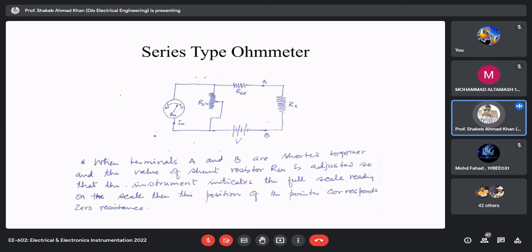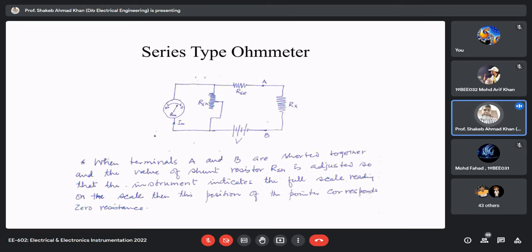So this de-Arsonval movement can be used as a voltmeter, and it can be used as an ammeter also. When you connect a shunt across it, it will be used as an ammeter, and when you connect a multiplier or series resistance of suitable value, it can be used as a voltmeter.